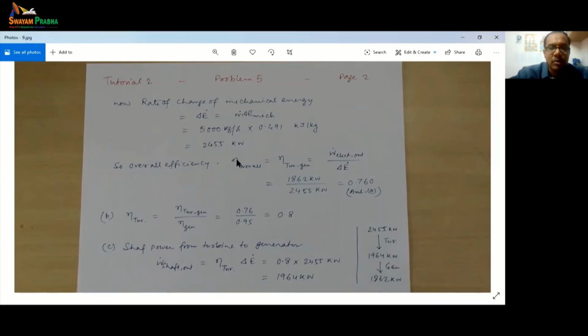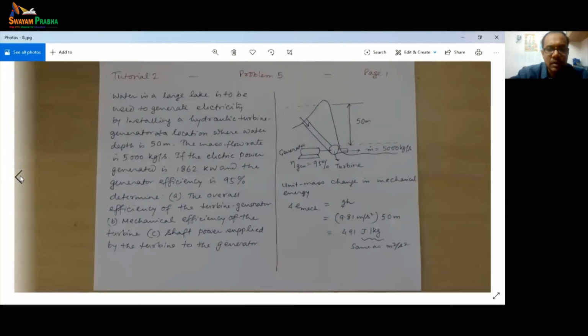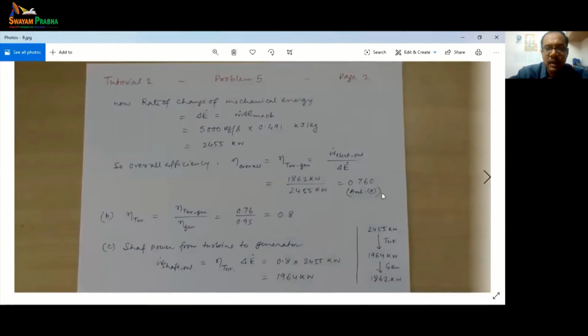Now the overall efficiency is not given, we have to find it out. Both this turbine and generator will contribute to the overall efficiency of conversion. So the electrical output, that's W dot electrical output, is given, that is 1862 kilowatt.